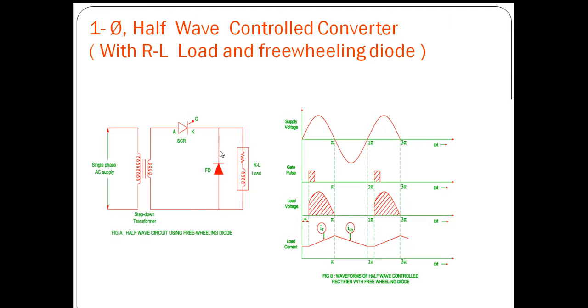That current flows through the freewheeling diode, because the inductor does not allow a sudden change in current. At the instant pi, there is a current in the load. This current won't allow a sudden reversal, so the inductor circulates the current in the same direction.